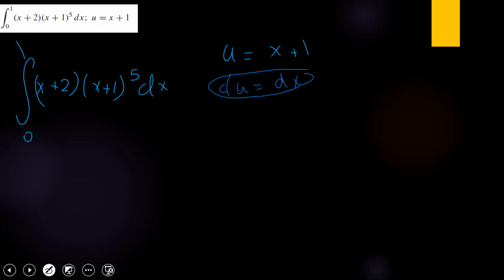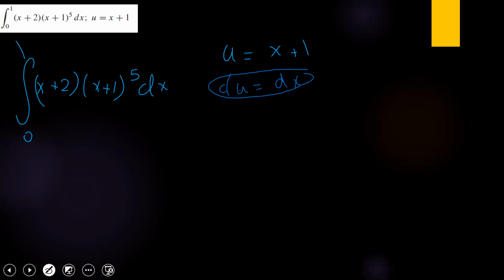Here now, as we said, we have this integration. We assume that u is x plus 1. So if u is x plus 1, we must find du, which is 1 dx or dx. After I find my assumption and the derivation of my assumption, I now know to substitute.